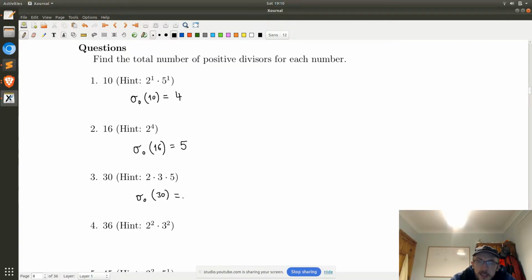Now, for such teeny tiny numbers, I can literally just list them out. 1, 2, 3, 5, 6, 10, 15, 30. So the answer is 8. And we check, and that's correct, and that's good.